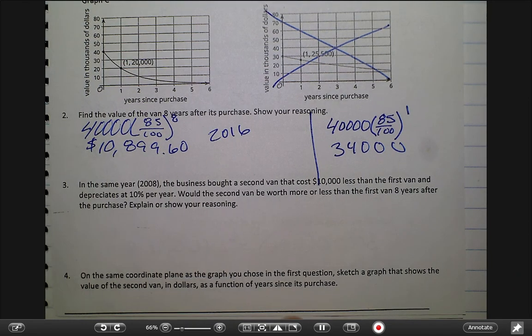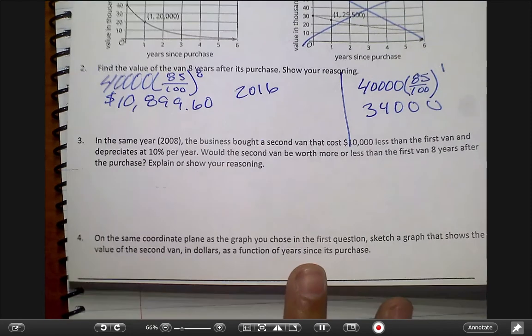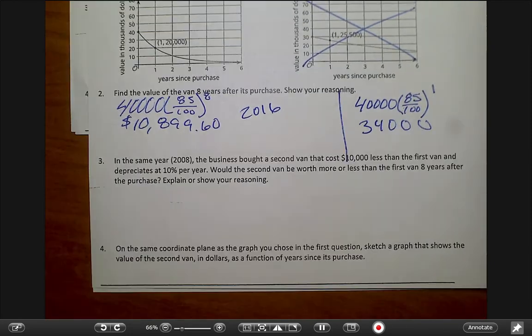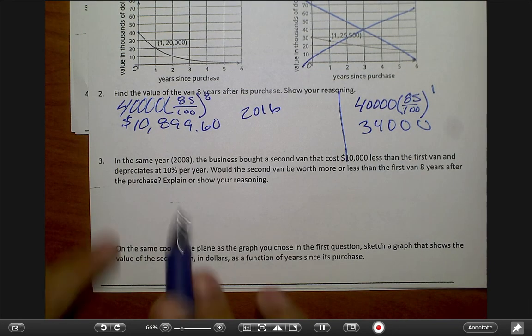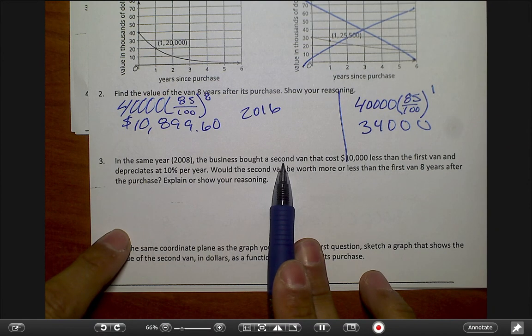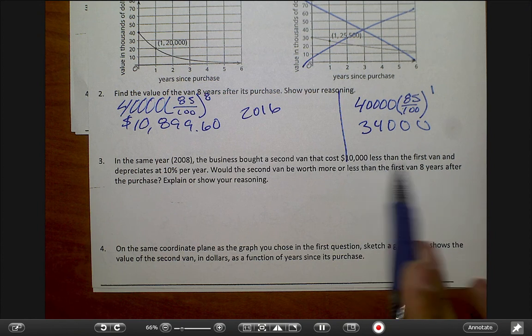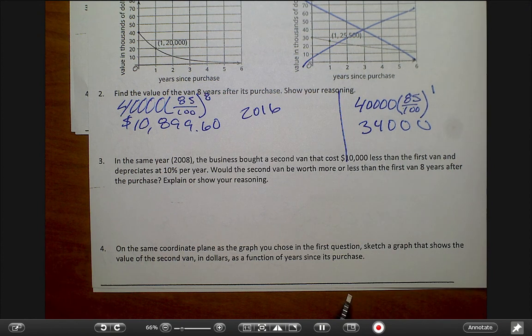Now, this next one says, in the same year, 2008, the business bought a second van that cost $10,000 less than the first van. So what's the cost then?